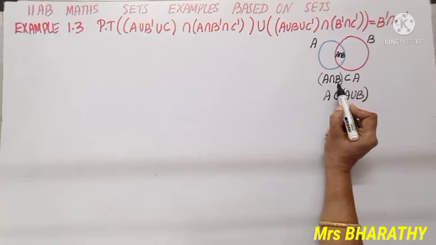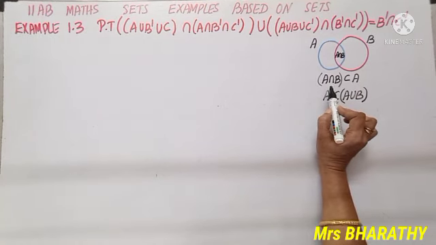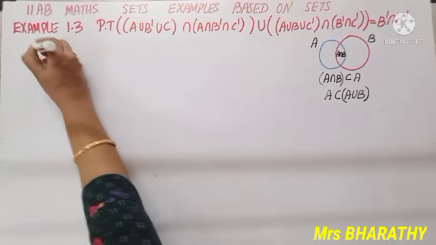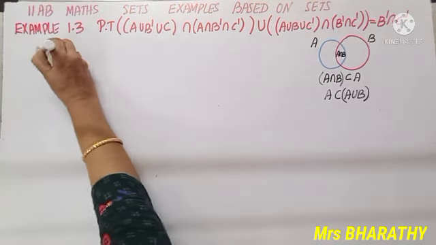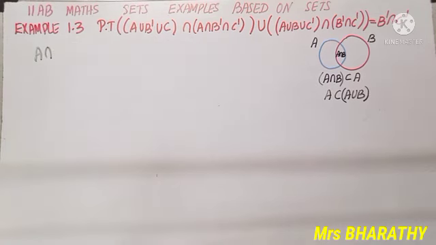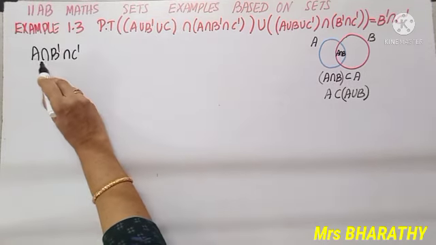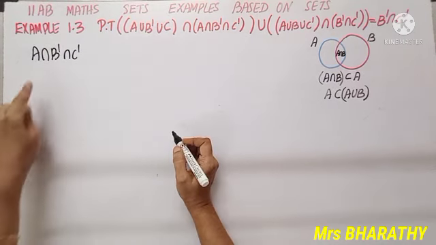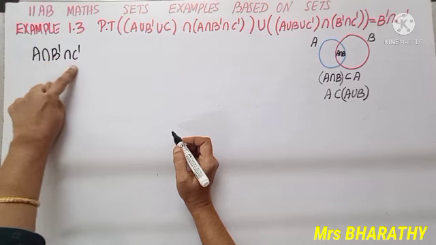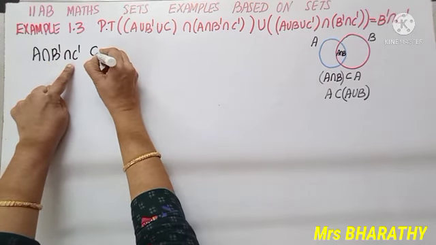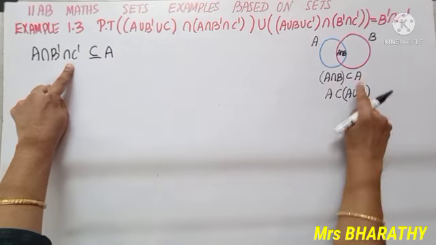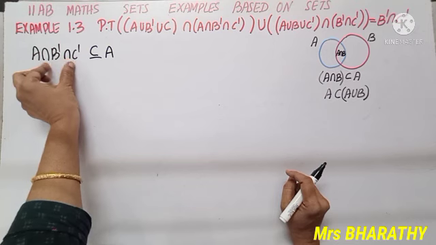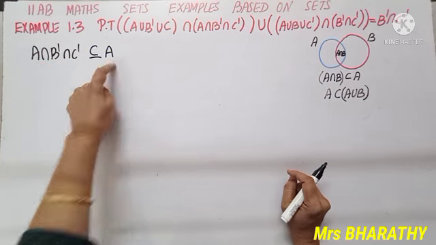So what did I understand from here? A intersection B is a subset of A. So I will write A intersection B dash intersection C dash. So A intersection some other sets is definitely contained in A. That is what I want to apply from this.